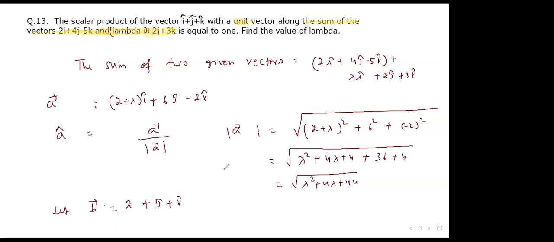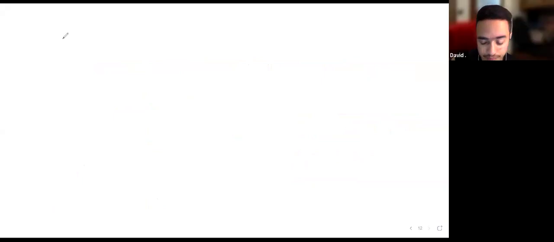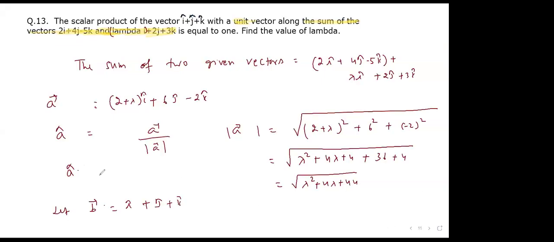So we have A dot B. Okay, we did not divide it. We need to divide as well. We need to find A cap dot B, the unit vector of A dot B.